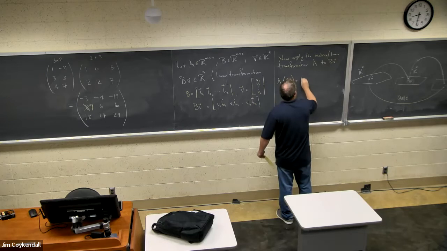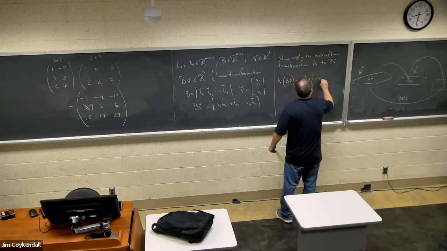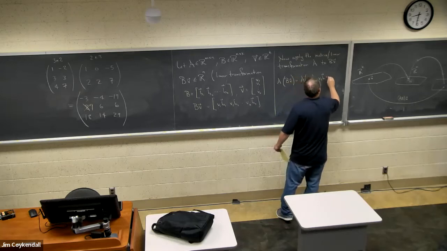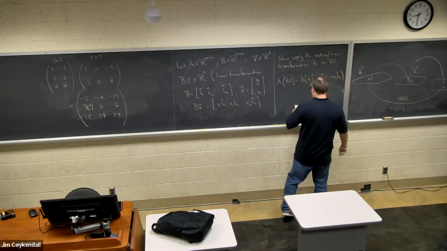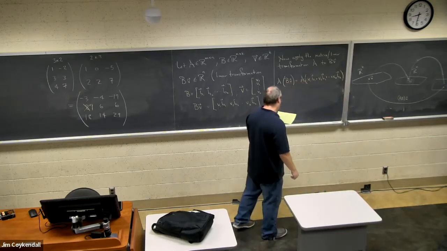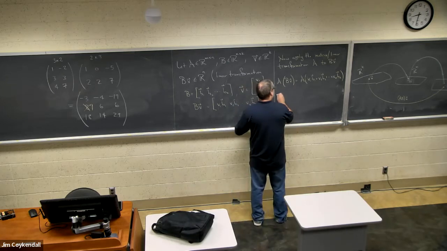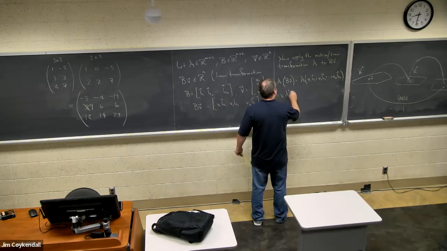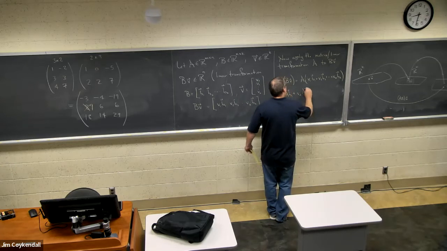Well, think of it this way: A of B, and this is a linear transformation, so I can split this up as B1 A(B1) plus B2 A(B2).